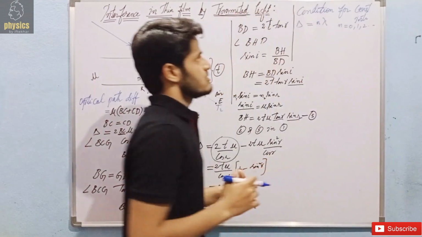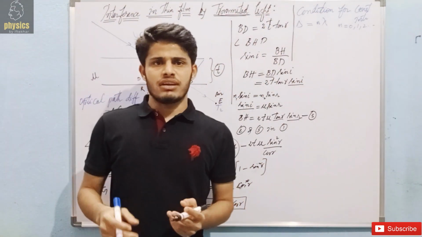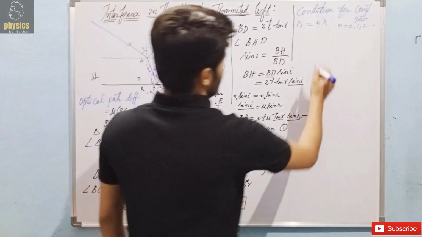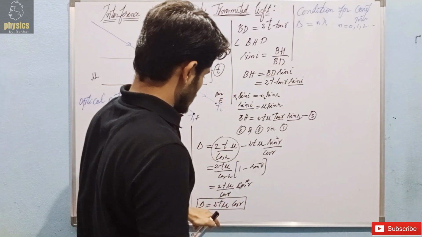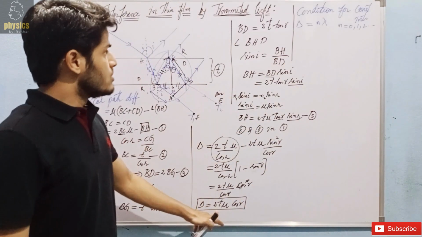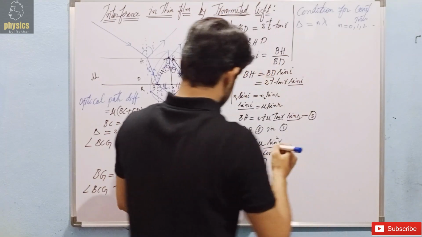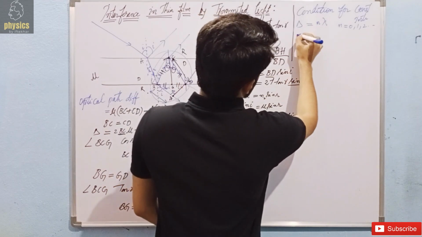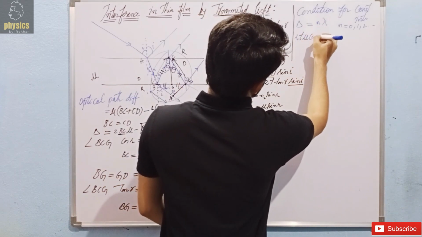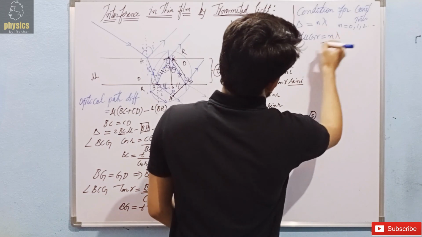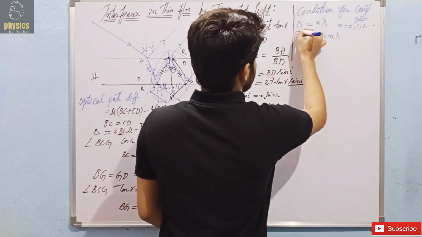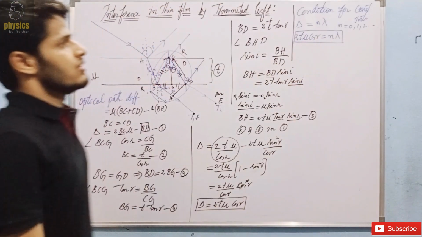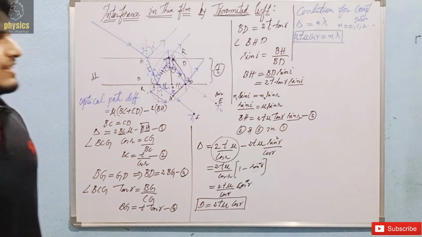The difference should be some integer multiple, either lambda, 2 lambda, or 0 lambda, then only we can have a constructive interference. If I equate this path difference to the path difference which I got in the transmitted light rays, I'll be getting the condition for a bright fringe. So this is 2t mu cos r is equal to n lambda. This is the condition to have a constructive interference in thin films due to the transmitted light rays.